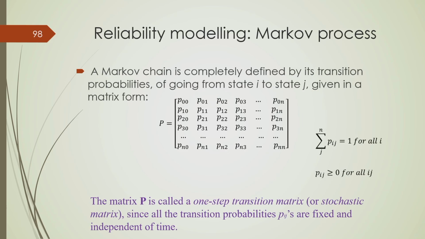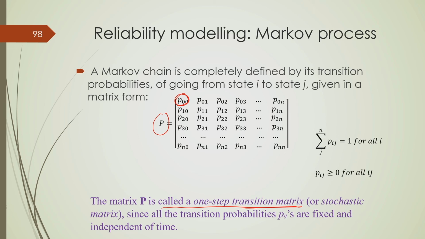Okay. Now, in a Markov chain we determine a probability matrix. It is represented by a probability matrix, which is called the one step transition matrix, where all these individual elements represent this transition probability. That means P00 represents the transition probability of a system to stay at state 0 if it was at state 0 before.